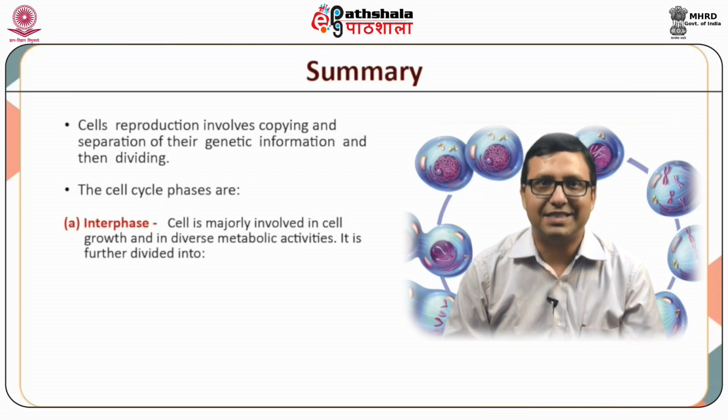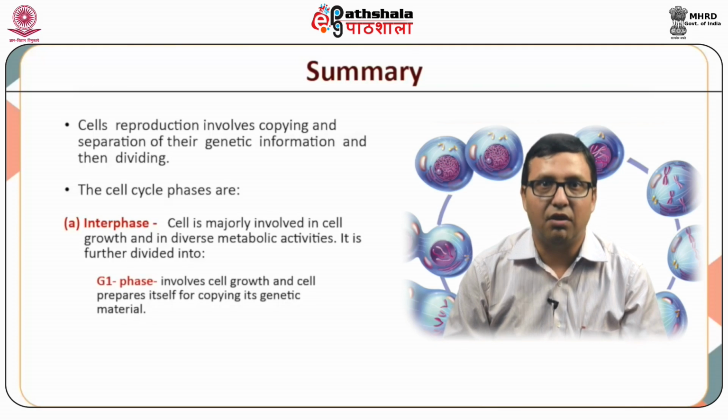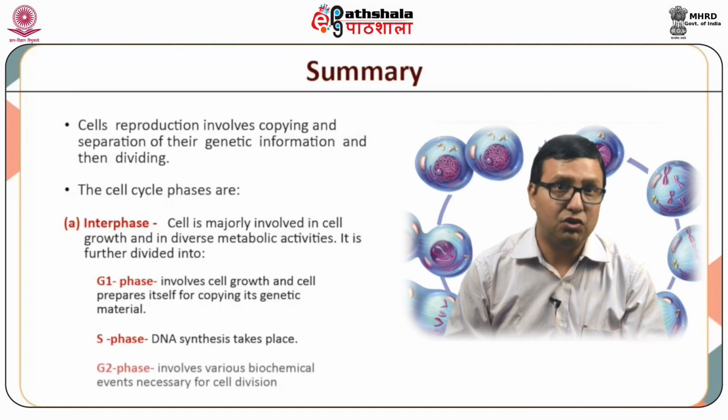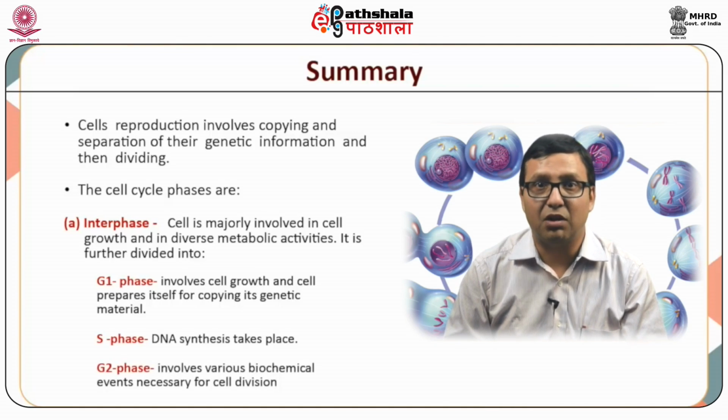Interphase, where the cell is majorly involved in cell growth and in diverse metabolic activities, is further divided into the G1 phase, which involves cell growth as the cell prepares itself for copying its genetic material. In the S phase, DNA synthesis takes place. The G2 phase involves various biochemical events necessary for cell division.